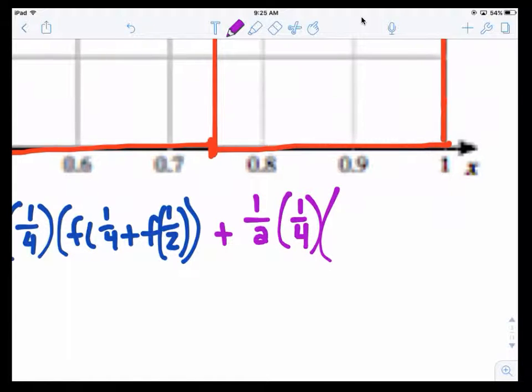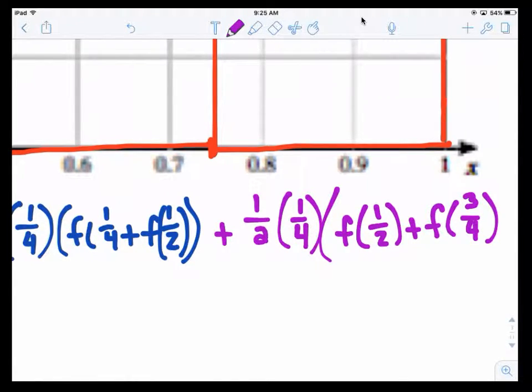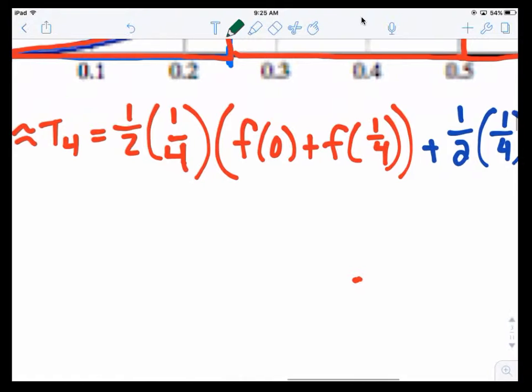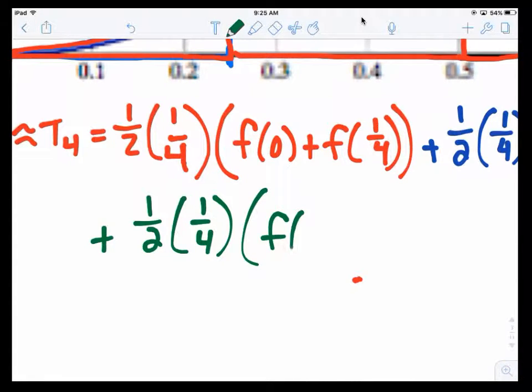The sum of my two bases would be what now? f of 1/2 and 3/4, right? Okay. And then the last one would be plus 1/2 times 1/4. And then the sum of my two bases would be f of 3/4 plus f of 1.